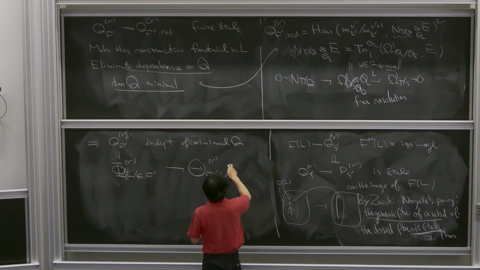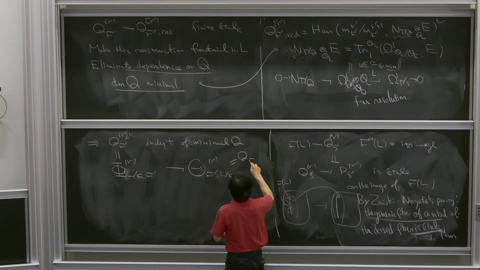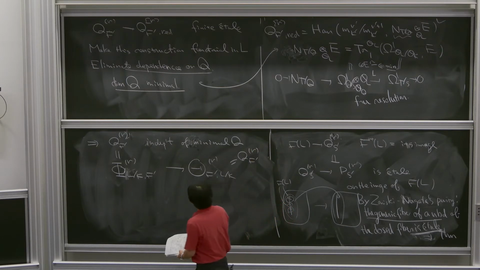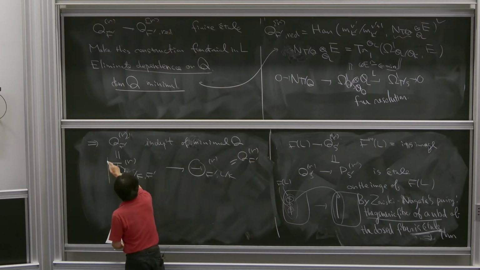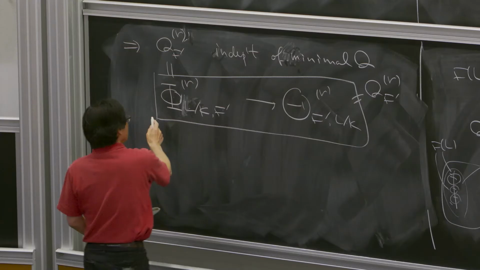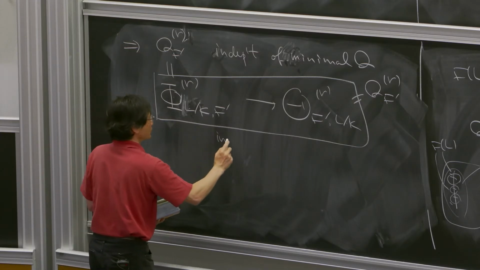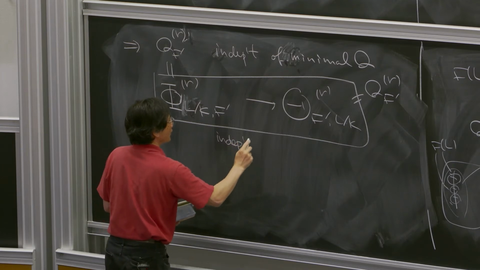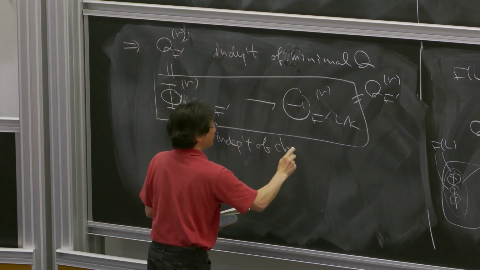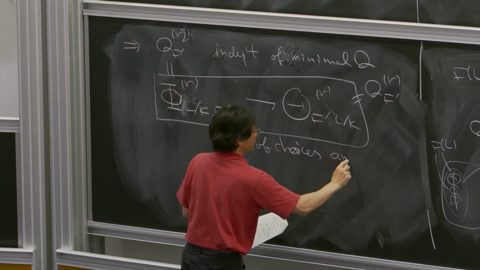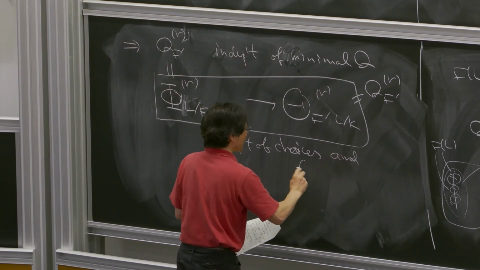So this is for KF bracket R. And this is independent of Q, of choices, and functorial.